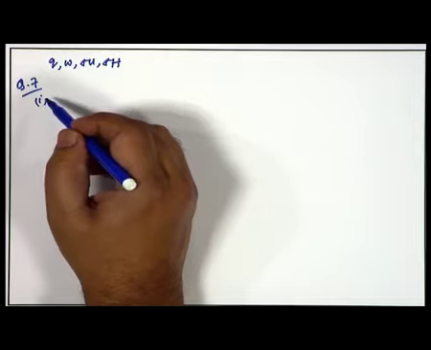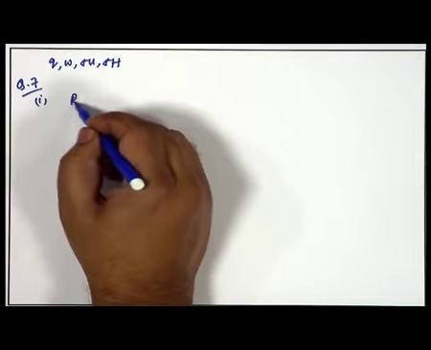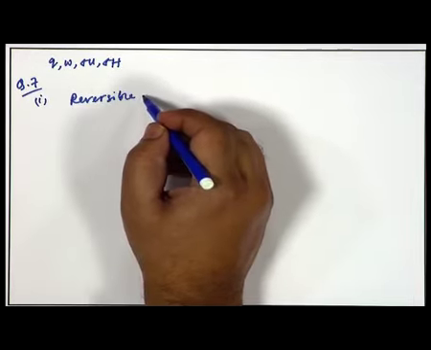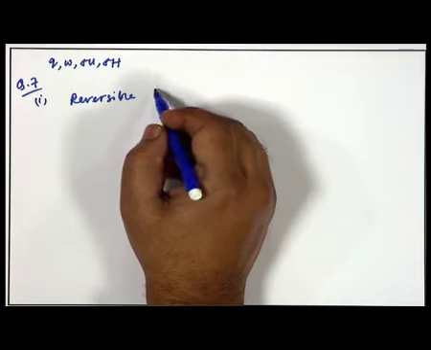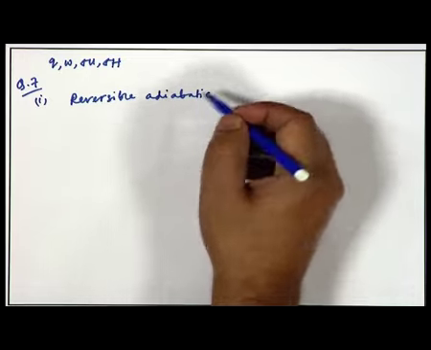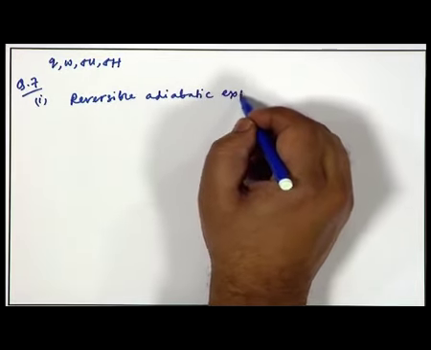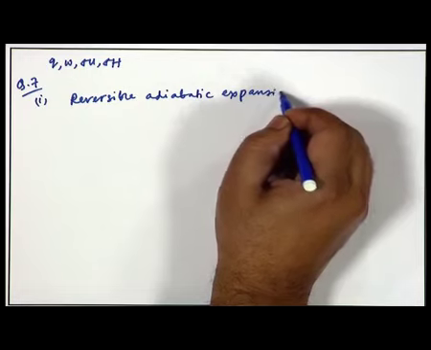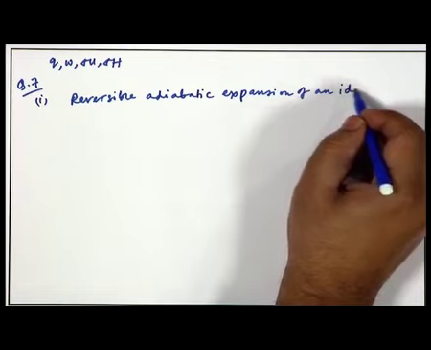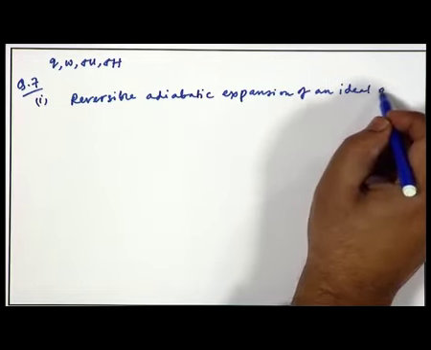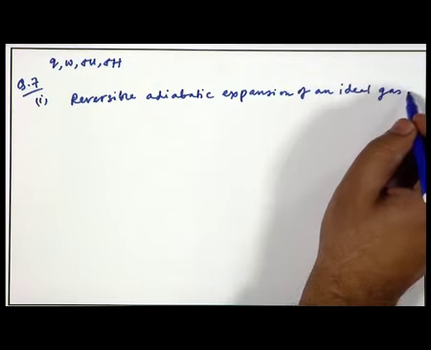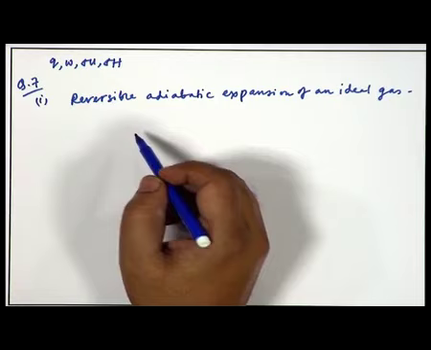In question 7, first is reversible adiabatic expansion of an ideal gas.